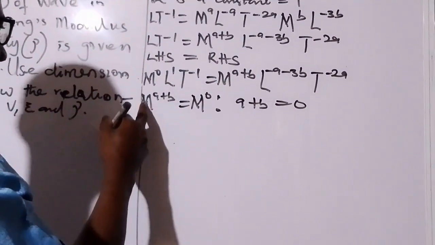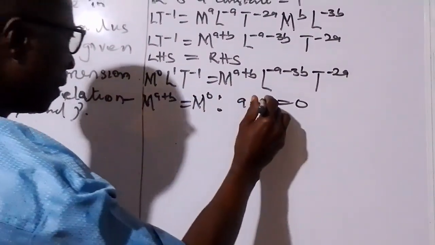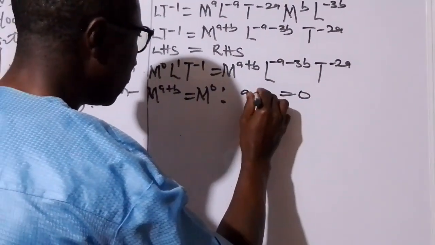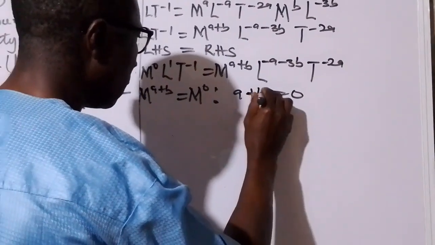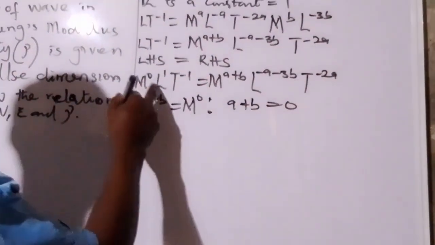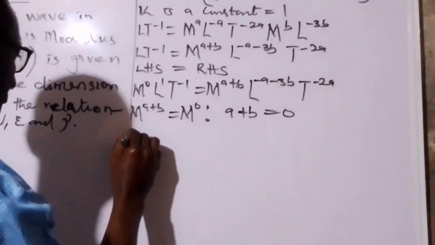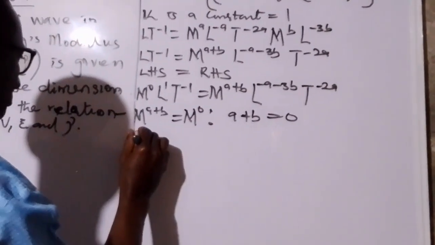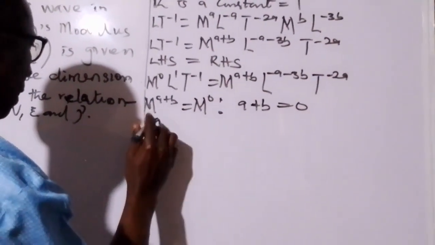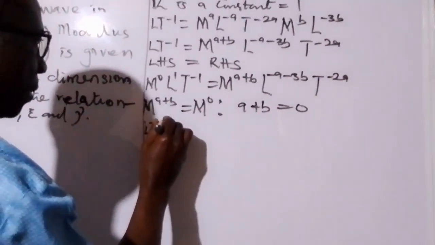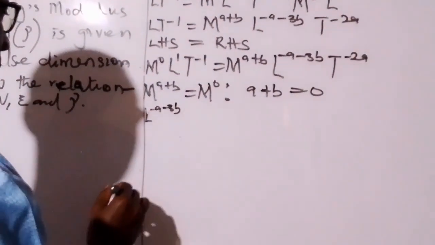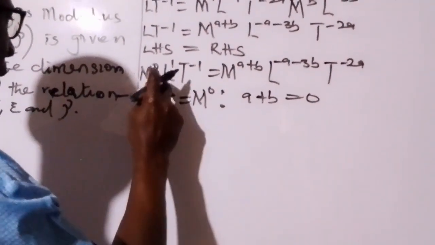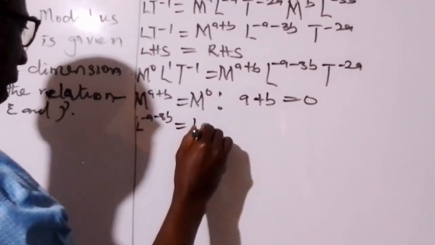The same base, different power, law of indices. Take L also. That will be L raised to power minus A minus 3B. Then compare with this one, it will be equal to L raised to power 1.